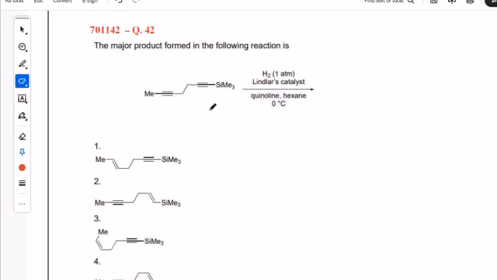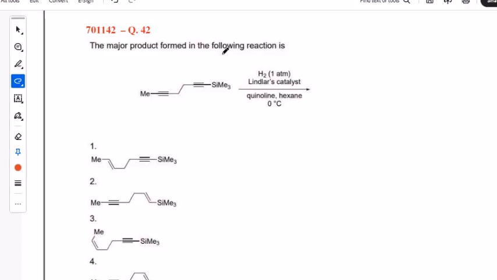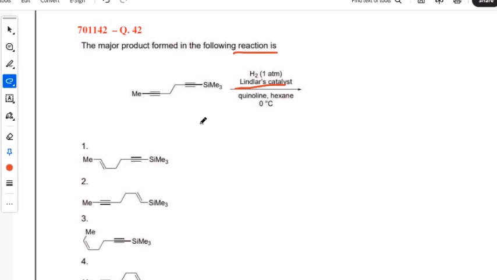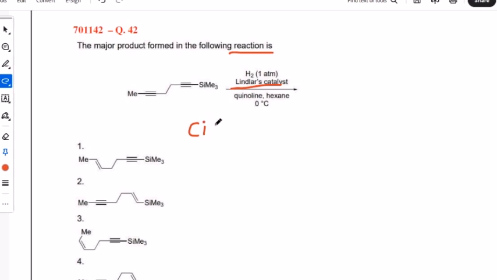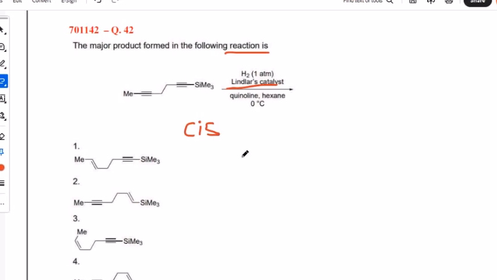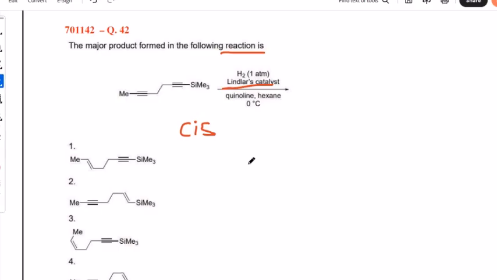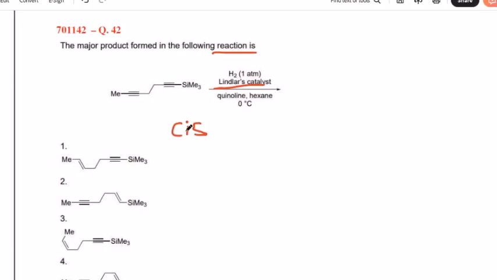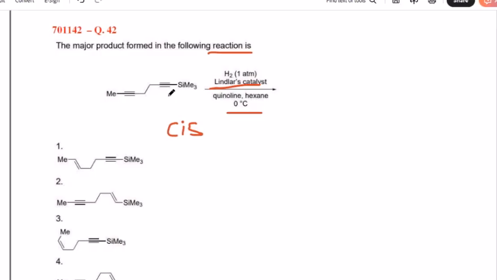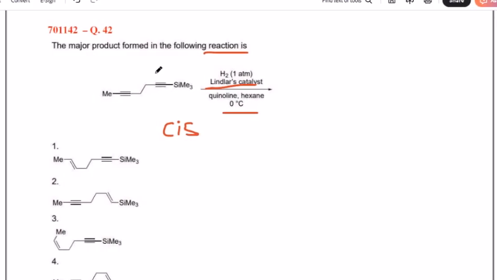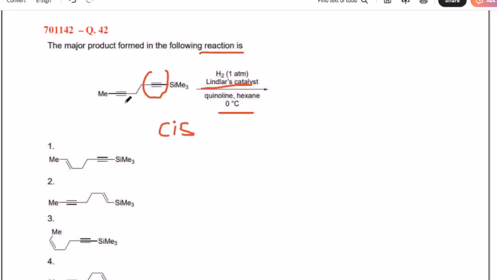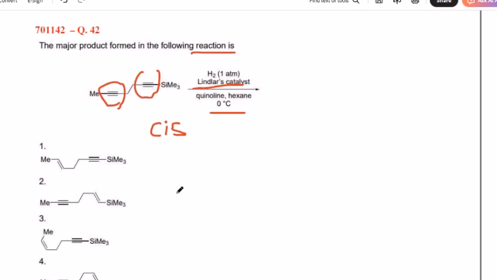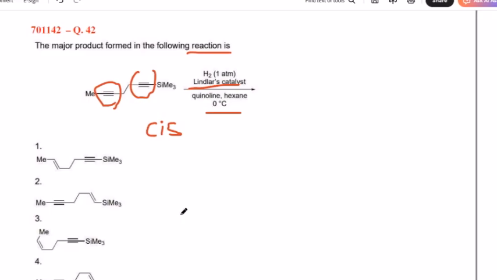Next, the major product formed in the following reaction with Lindlar's catalyst. Yes, it is cis addition, it is going to give cis products. So cis addition is going to take place with Lindlar's catalyst. What is going to happen? It is 1 atmosphere at 0 degrees. Reduction of this trimethylsilyl alkene is not that easy, while the alkyne is going to form a cis alkene, alkyne to alkene.